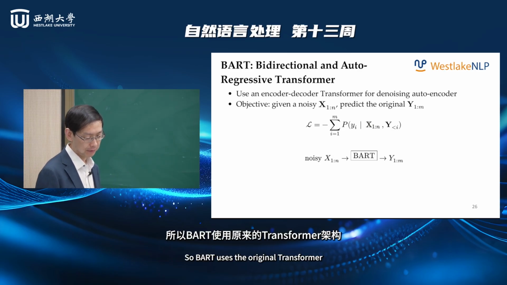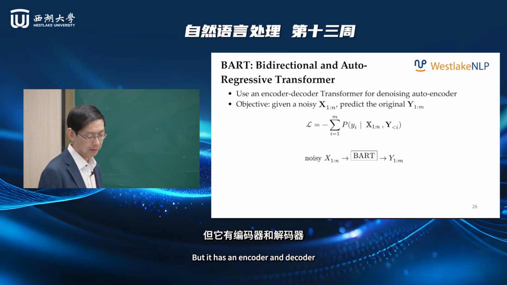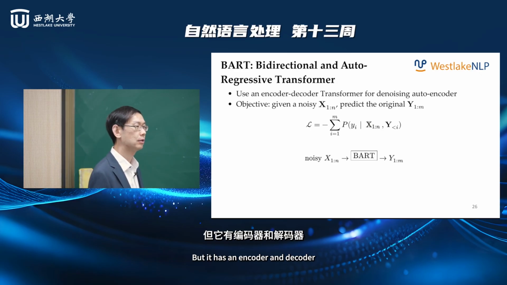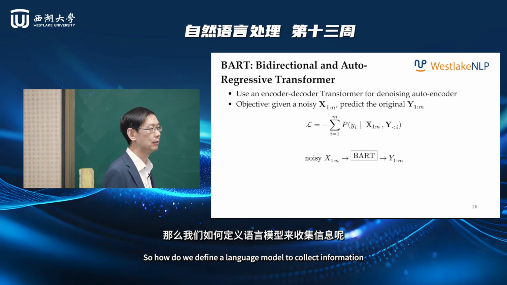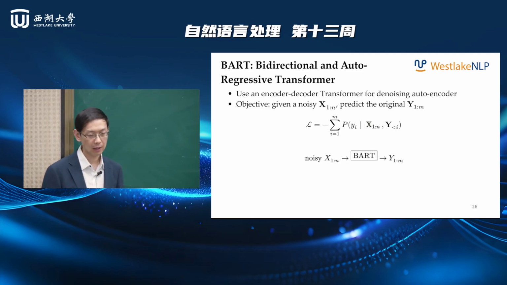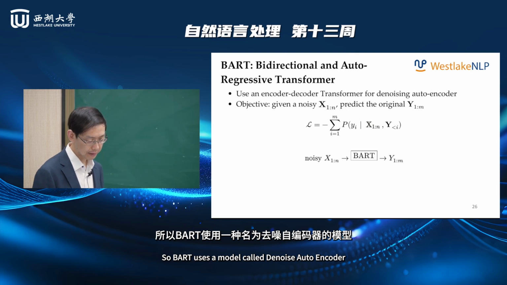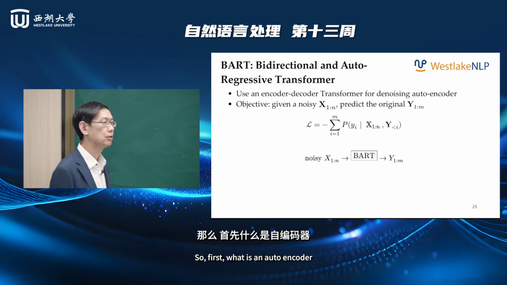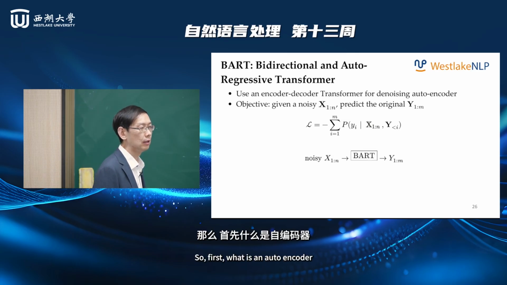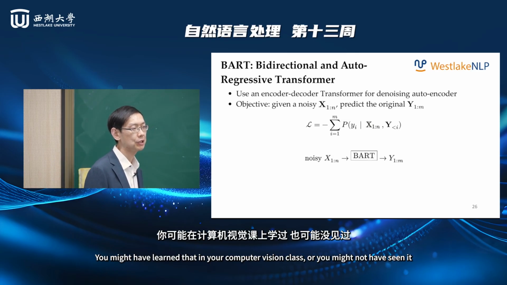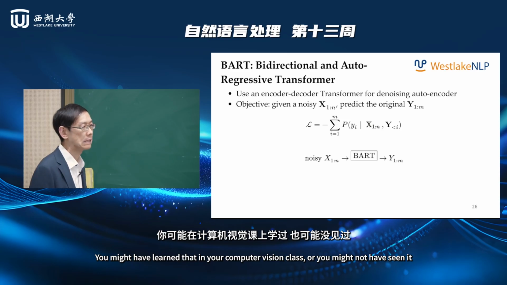BART uses the original transformer, okay? But it has an encoder and a decoder, so how do we define a language model to collect information? So BART uses a model called denoise autoencoder. So first, what is an autoencoder? You might have learned that in your computer vision class, or you might not have seen it.